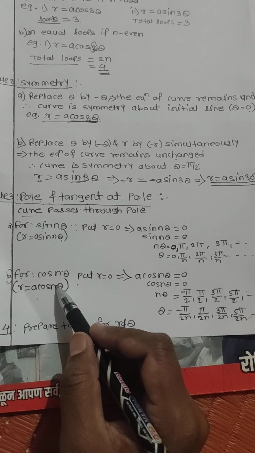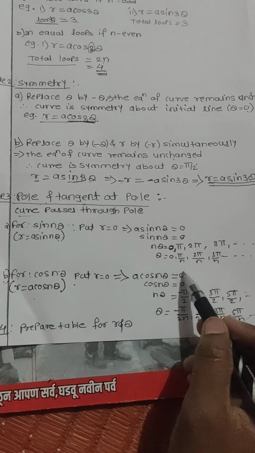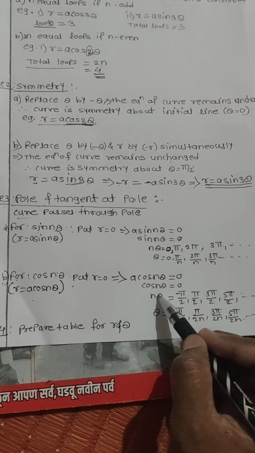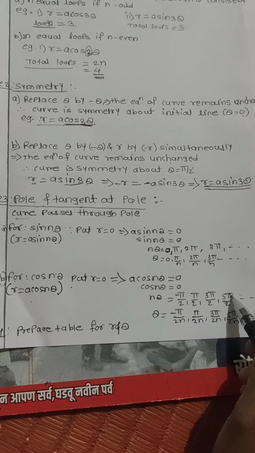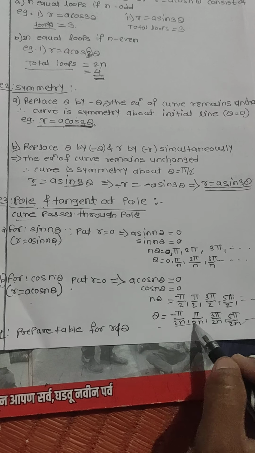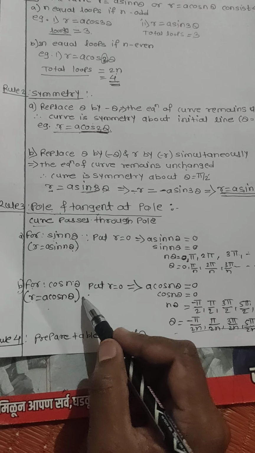For r equal to a cos n theta, again put r equal to 0 and simplify, n theta equal to cos inverse 0. These are the possibilities, so we get these tangents at the pole for r equal to a cos n theta. This is rule 3.